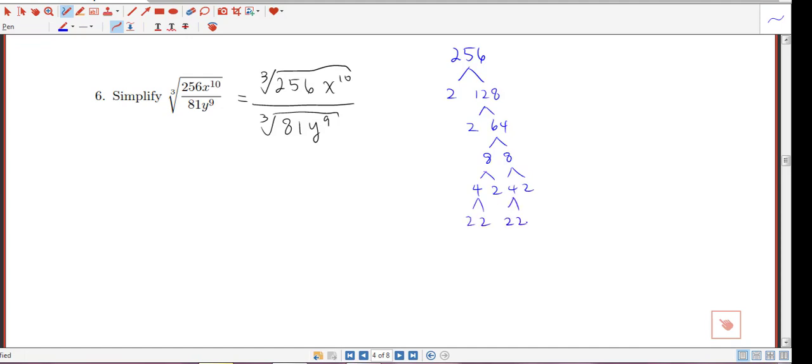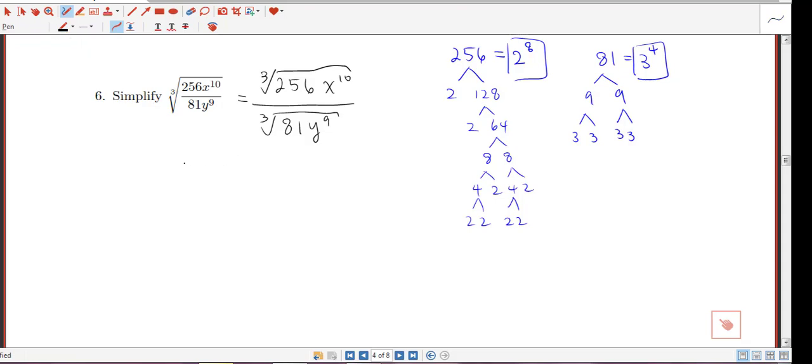I just did that kind of fast because I believe we broke down 256 earlier in the problem. So 256 is 1, 2, 3, 4, 5, 6, 7, 8, 2 to the 8th power. Now 81. Let's just get this one over with. 9 times 9, 3, 3, 3, 3. So 81 is 3 to the 4th power.